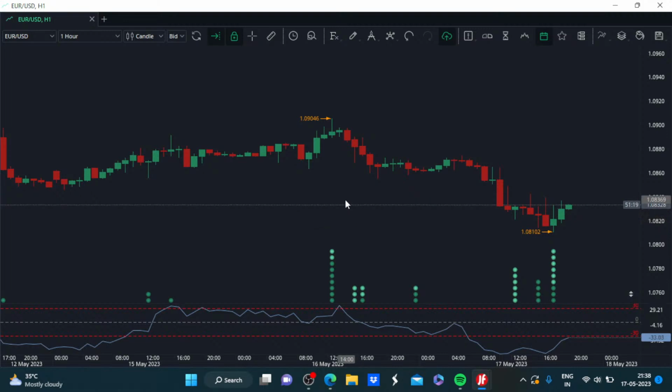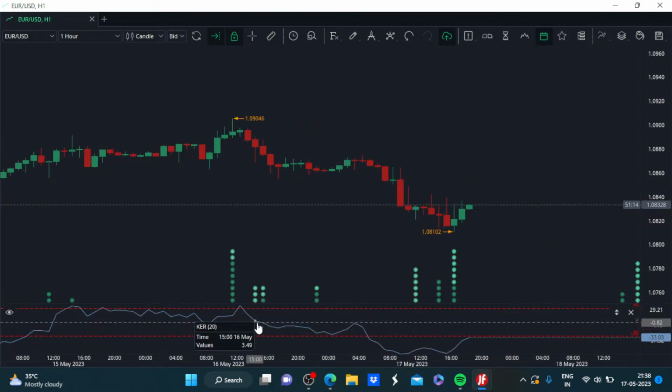Now, if we look at the EUR USD chart and this output value, here if we take 0 as a critical marker, below 0 we consider the market sentiment to be bearish, and above 0 the market sentiment is considered bullish.